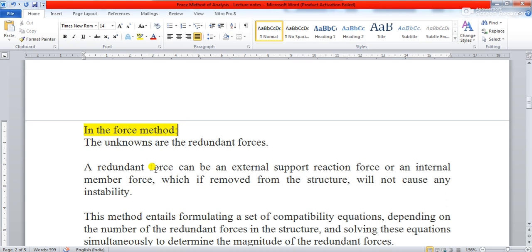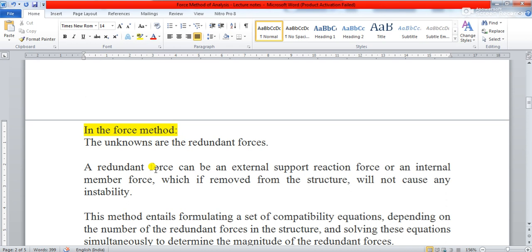In a propped cantilever, one end is the cantilever end and at the other end there is a prop. If you remove the prop, it becomes a simple cantilever, which is nothing but a determinate structure. Then you find the deflection of that cantilever under the load at the point where the prop is.